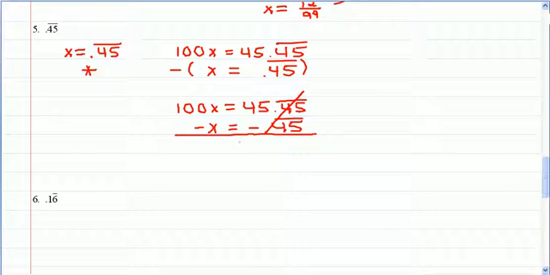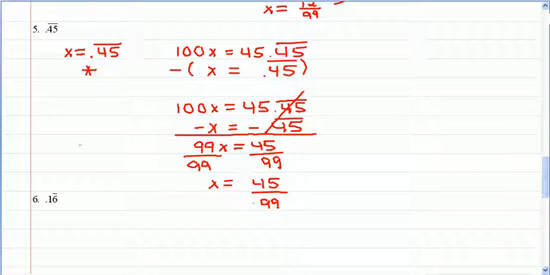These cancel. 100x minus 1x is 99x equals 45. And then I divide both sides by 99 so that x is equal to 45 out of 99.